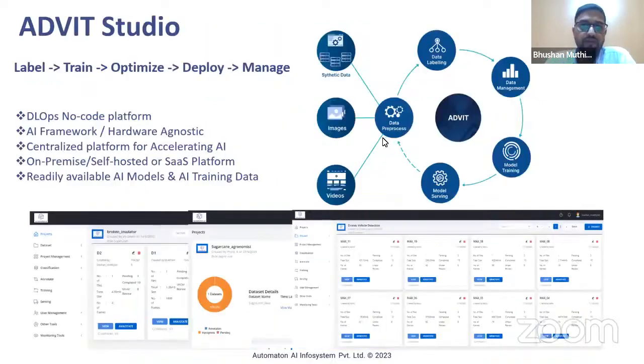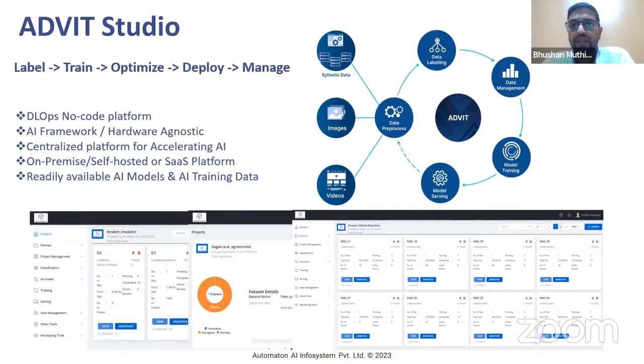So this is how the platform looks. All the way from data pre-processing, labeling, management, model training and serving, and also integrating various Gen AI models as and when needed during deployment, including for synthetic data generation. And we are also a revenue positive company.